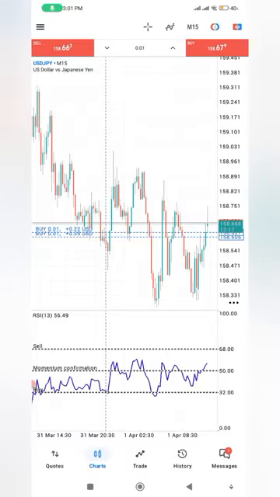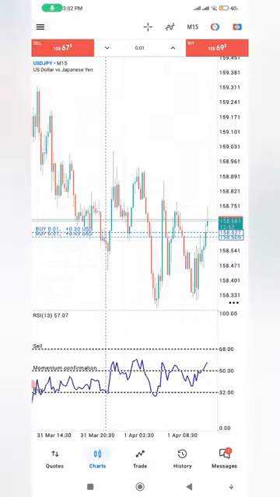This is where most traders get trapped, because they don't understand how to draw the support and resistance very well. You can watch part 1 of this video and then come back to watch part 2, which is the advanced part, so that you'll be able to understand how this works.